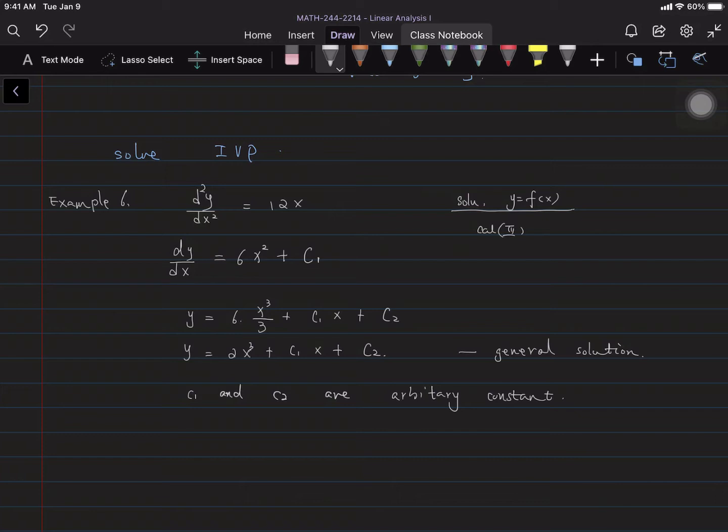Let's do one more example. Let's see, find the general solution to this differential equation.